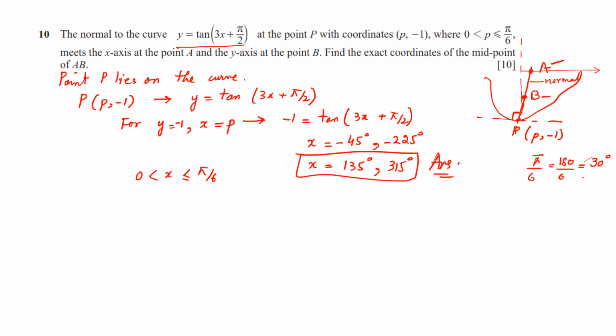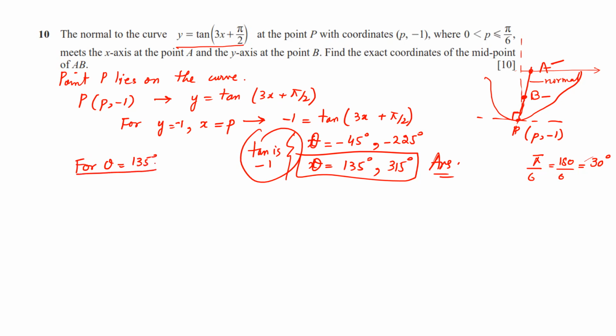So the value of X must be in this domain. I will not call it x, I will call it theta. So these are the values for which the tangent is -1. It means that for theta equal to 135 degrees, we get 3x plus 90 degrees equal to 135, and x is equal to 15 degrees.